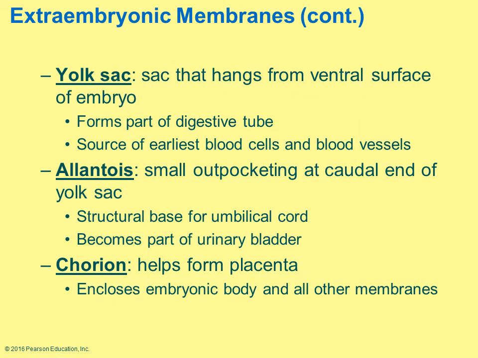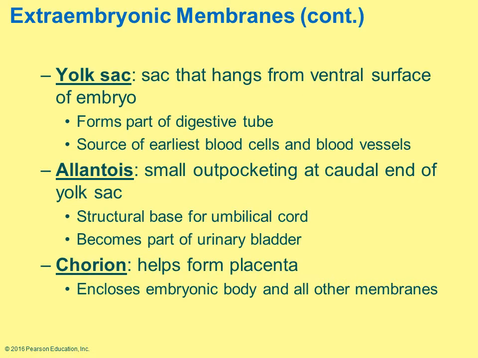Of these extraembryonic membranes that are formed, there's the yolk sac. This ends up forming part of the digestive tube. Very early on, it's producing blood cells and forming some of the blood vessels. The allantois is going to be the structural base for the umbilical cord, and it becomes part of the urinary bladder.